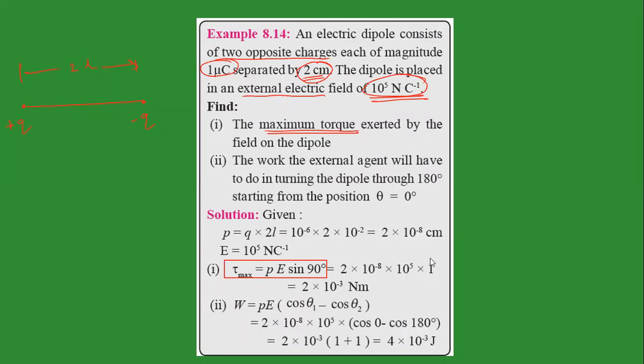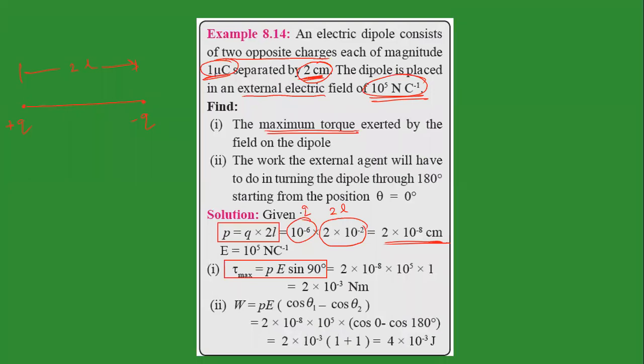Now P, the electric dipole moment, is Q multiplied by 2L. The charge is 1 microcoulomb, which means 1 into 10 raised to minus 6. And 2L is 2 centimeter, which means 2 into 10 raised to minus 2. After substituting, we get the electric dipole moment as 2 into 10 raised to minus 8 coulomb meter.